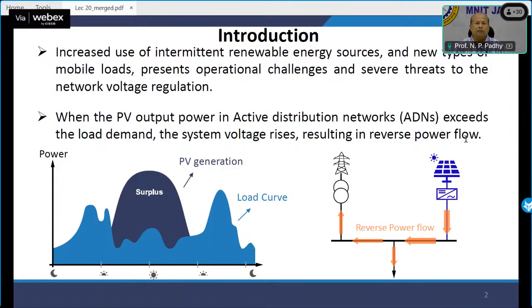And as you could see from a diagram, you can also experience reverse power flow. As you could see, there is a load point at the center. And if you're not consuming, then that is expected to flow to the main grid again. So that is another challenge.